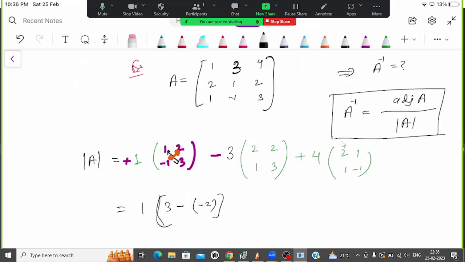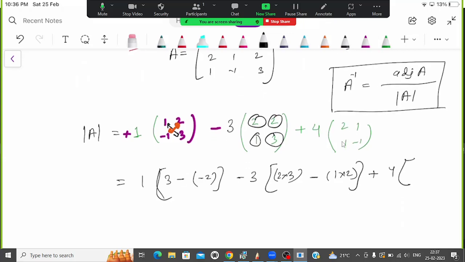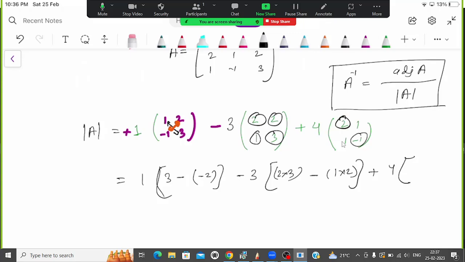Then write minus 3. Similarly you multiply these two elements, 2 into 3, minus sign, 1 into 2, then plus sign 4, you multiply 2 into minus 1, minus sign, 1 into 1.